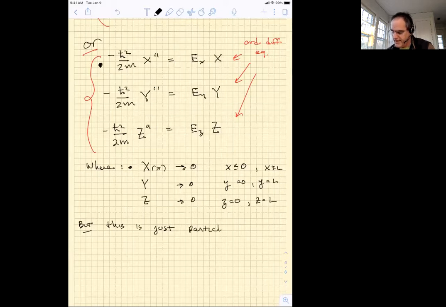Each of these, the x function, y function, and z function, they all look like particle in a 1D box problem. And so that means we already know what the solutions are from the work that we did before. Okay?